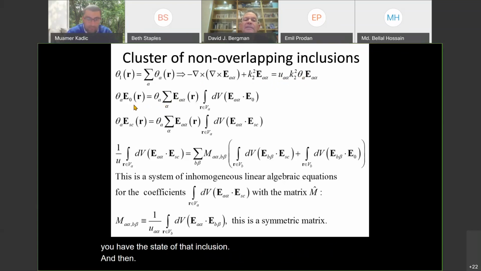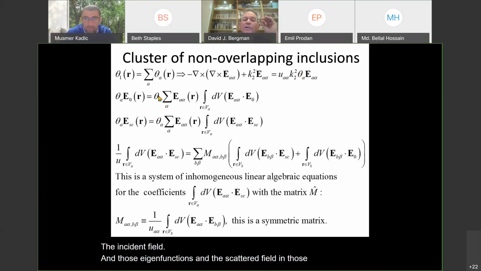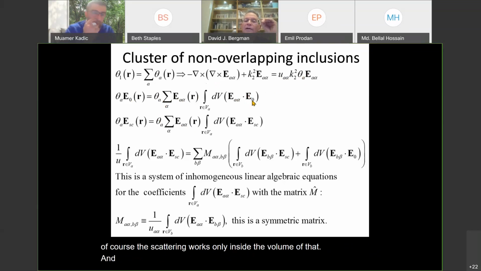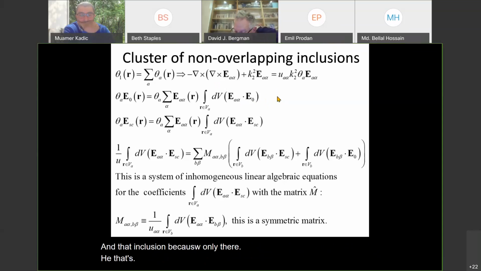One can expand the incident field in those eigenfunctions, and the scattered field in those eigenfunctions, but of course the scattering works only inside the volume of that inclusion, because only there these eigenfunctions are all divergence free.